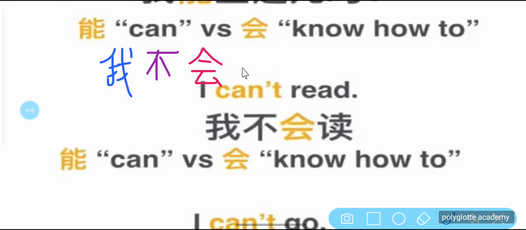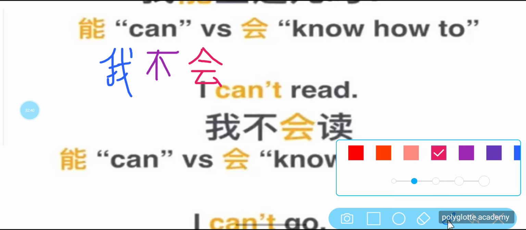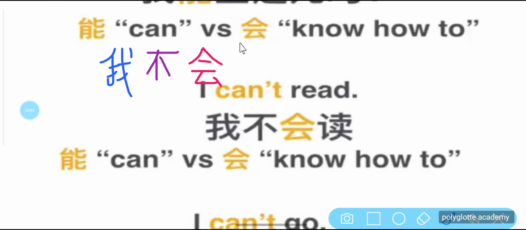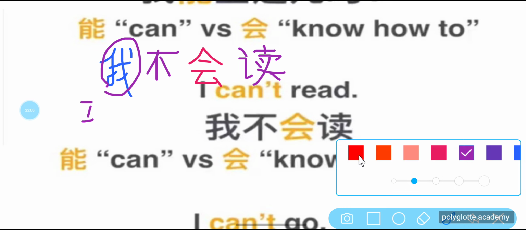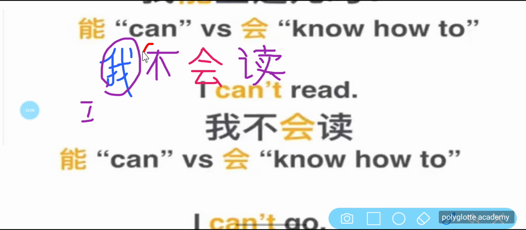Then the next character is du. So this character means I, and this character means don't or not.